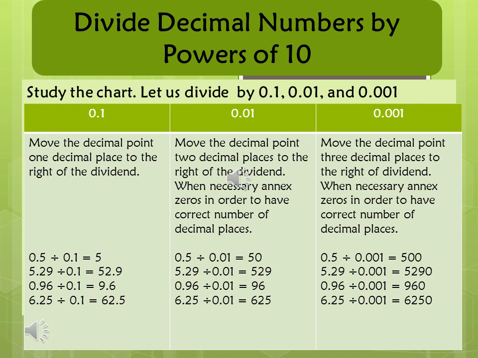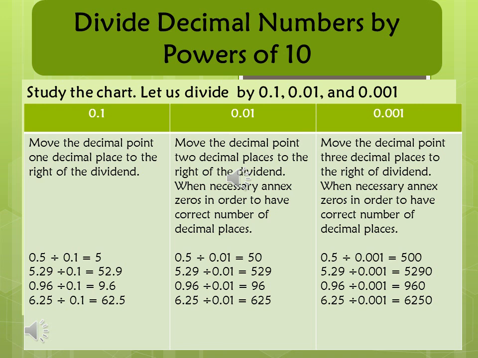Example ulit natin, 5/10 divided by 100 equals 50. So, i-move nyo ng 2 beses ang decimal point, 1, 2, mag-a-annex kayo ng 0. So, 50 ang sagot.